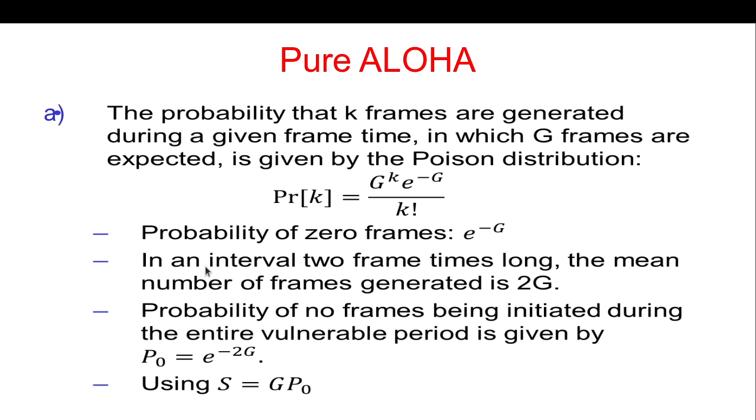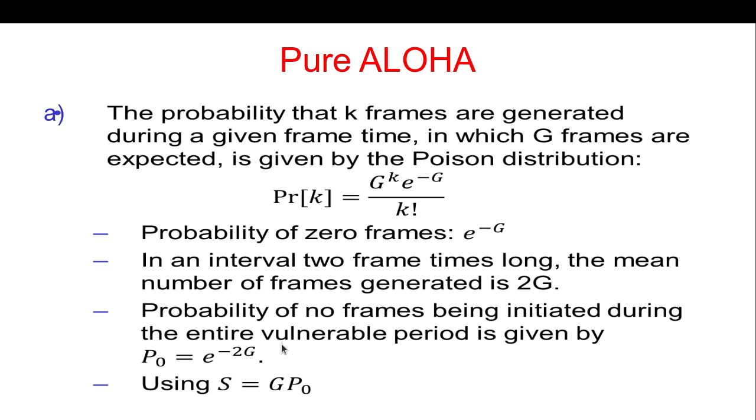We have seen that the interval was 2 frame times long. The mean number of frames generated in 1 frame time is g, so the mean number of frames generated in 2 frame times is 2g.